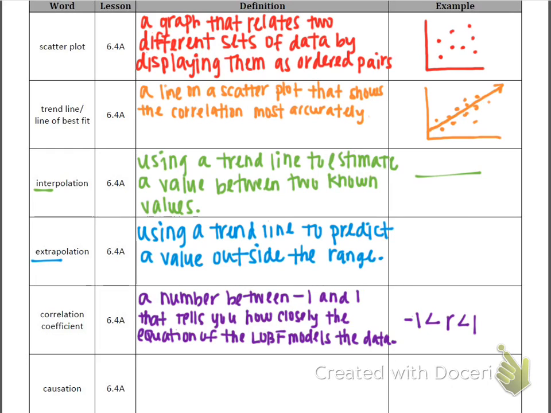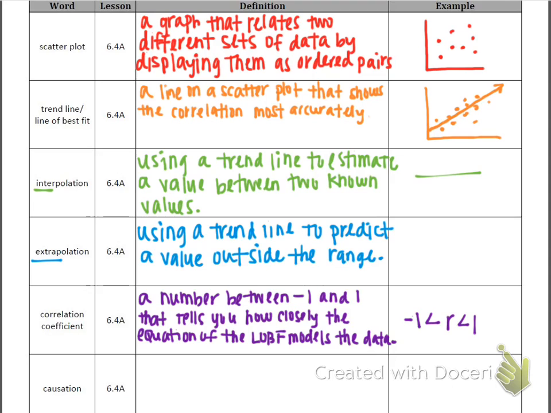What we are really looking at is how close is it to 1, either 1 or negative 1. The closer to negative 1 or the closer to positive 1 your correlation coefficient is, the straighter a line your data makes.